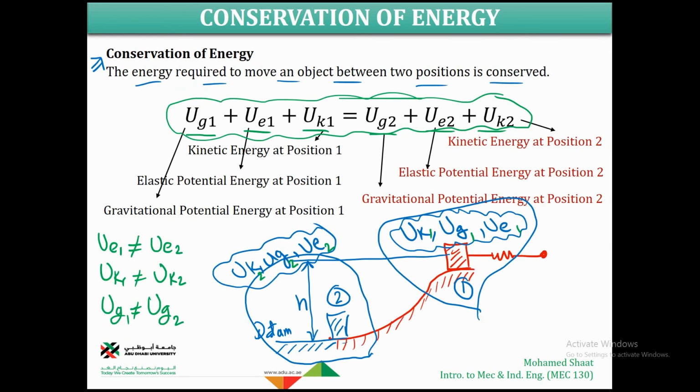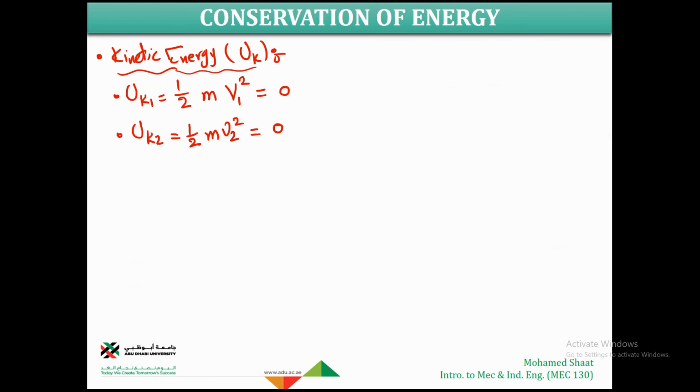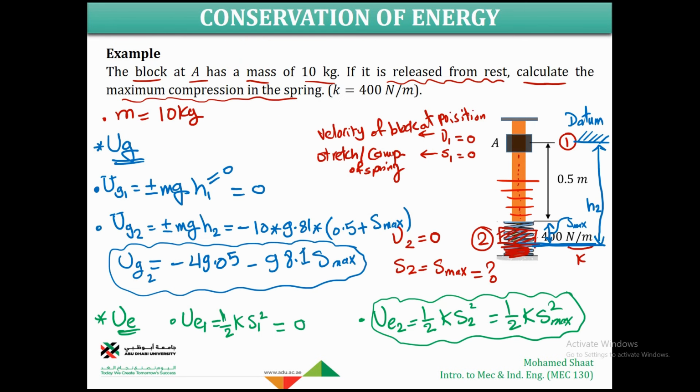So since the kinetic energy is zero at position 1 and zero at position 2, this doesn't mean the object didn't move. The object was moving, and the kinetic energy between the two positions was changing, but for some reason the kinetic energy was zero at position 1 and zero exactly at position 2. But between 1 and 2, there was a kinetic energy with a specific value.